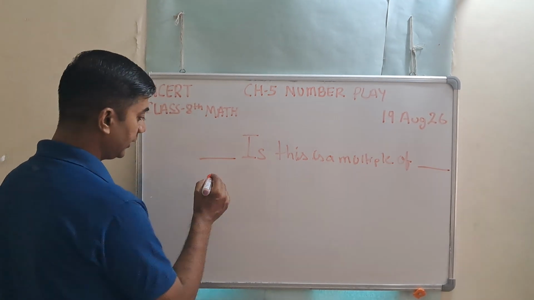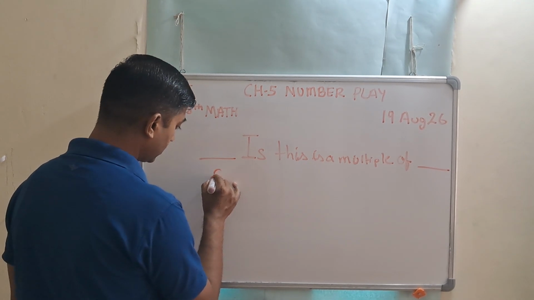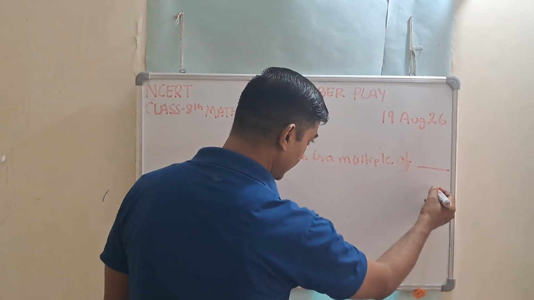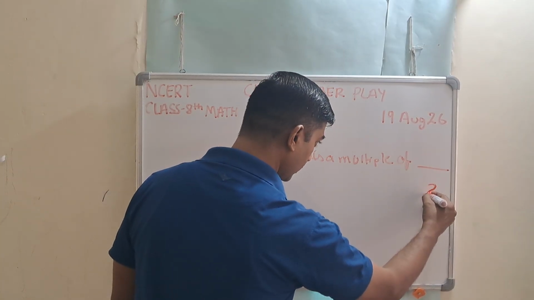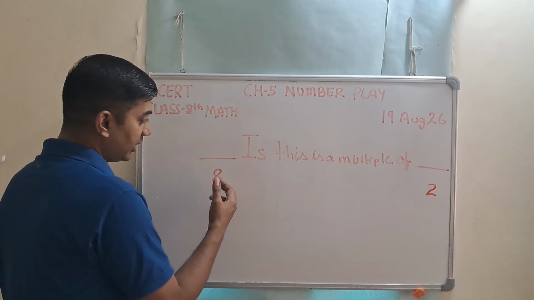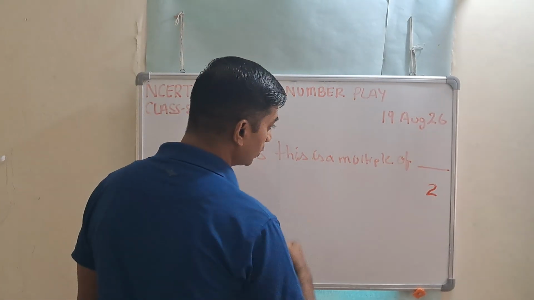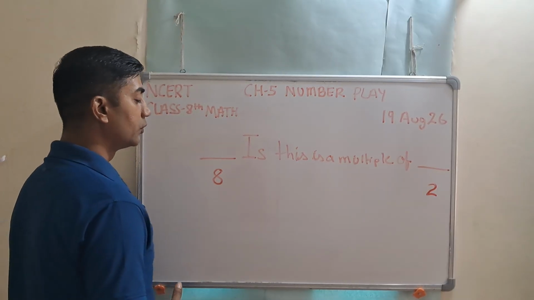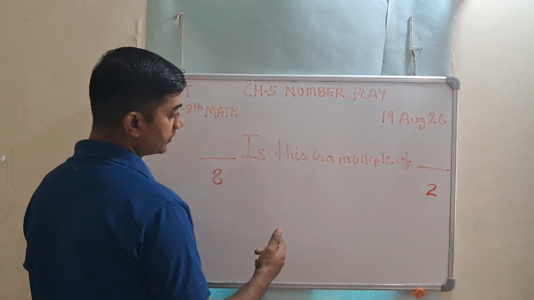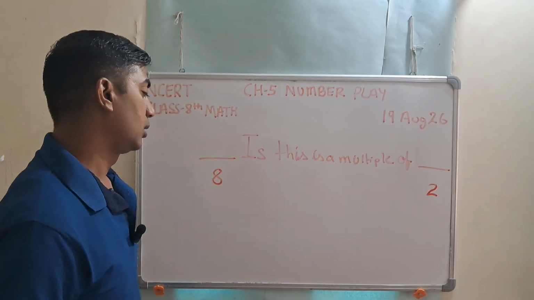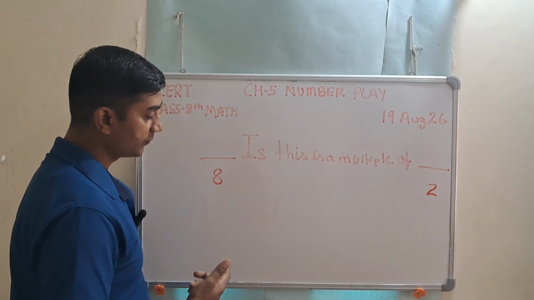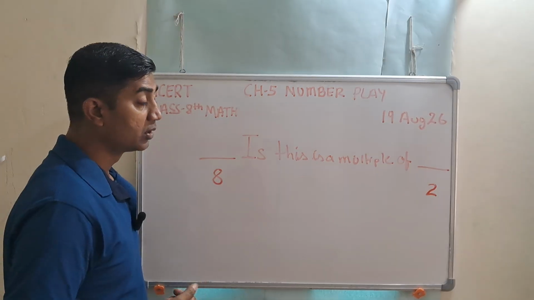We can take an example. See, if we have written 8 here and the statement is "8 is a multiple of," we can write here any number. Suppose we have taken 2. Now if I ask whether 8 is a multiple of 2 or not, then you will say yes, because when you see the table of 2, 2 fours are 8.